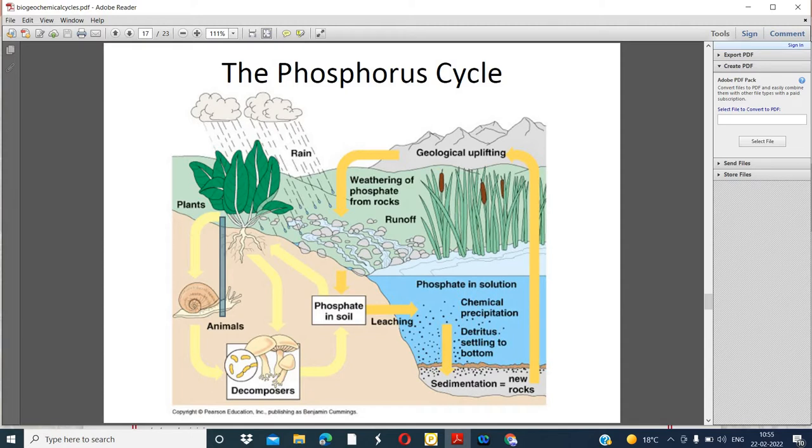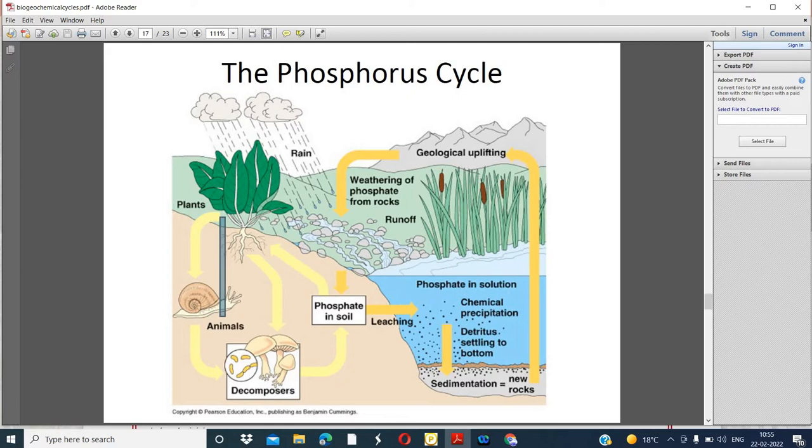So how can we extract the phosphorus from the rocks? There is one process, weathering of phosphate from the rocks. Weathering happens automatically in nature. Although it is a slow process, it is done with the help of bacteria. It needs some moisture, and it is a very slow process.